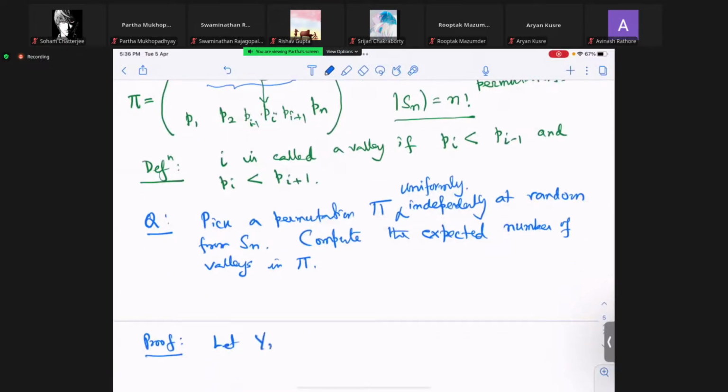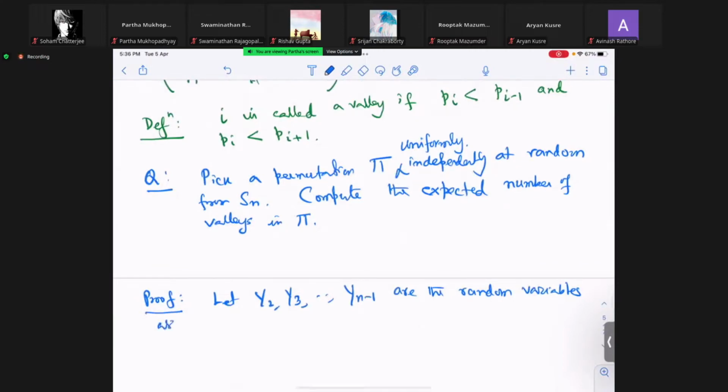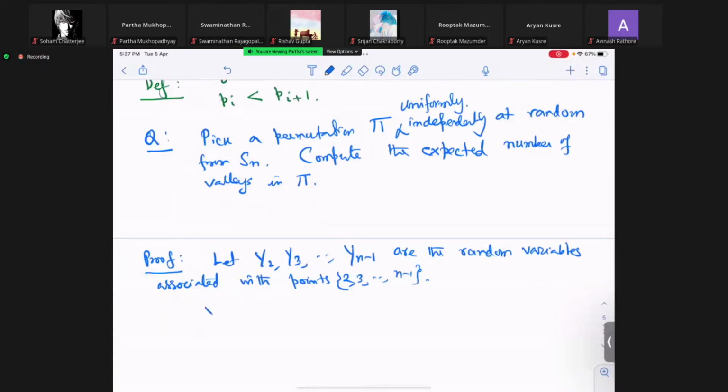So let y2, y3, up to y(n minus 1) be the random variables associated with points 2, 3 up to n minus 1. What is the meaning of this random variable? As we said, yj is an indicator random variable. It is 1 if j is a valley and 0 otherwise.